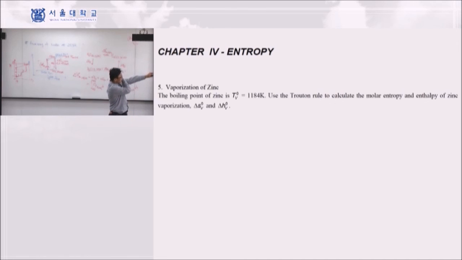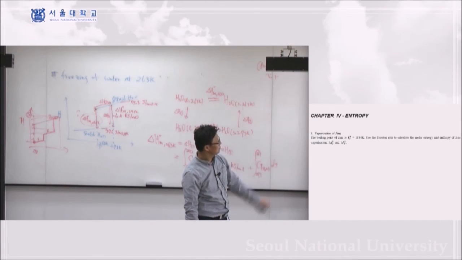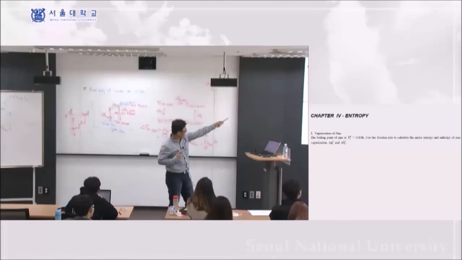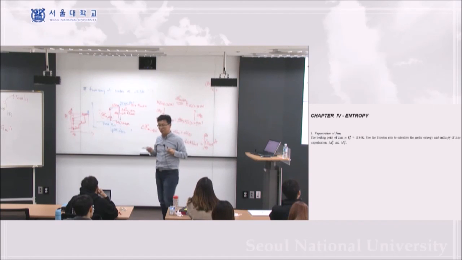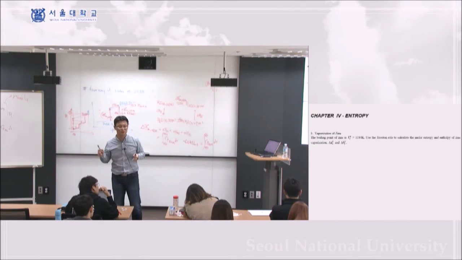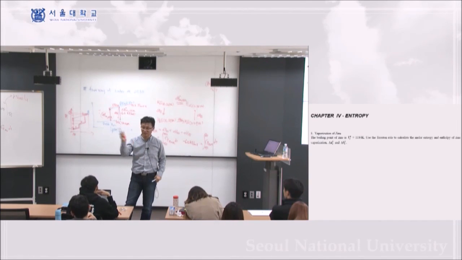Okay? So if you use that one, you can calculate delta S and delta H. Delta S we know, basically, from Trouton's rule. We know the melting temperature, the vaporization temperature, and the S. So delta H equal to, no. Delta G should be 0 for the chemical reaction, liquid to the gas phase.